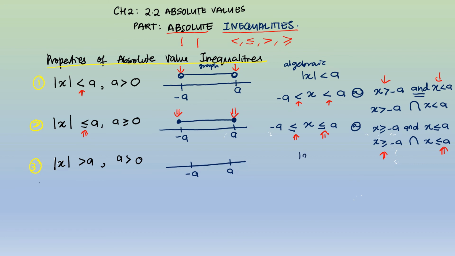We have modulus x greater than a, so that means you have x greater than a and x less than negative a. Am I right? As one is positive, another one is negative. When another one is negative involving modulus, that means we have to put negative here. Alright, here you can't use and, you have to use or.